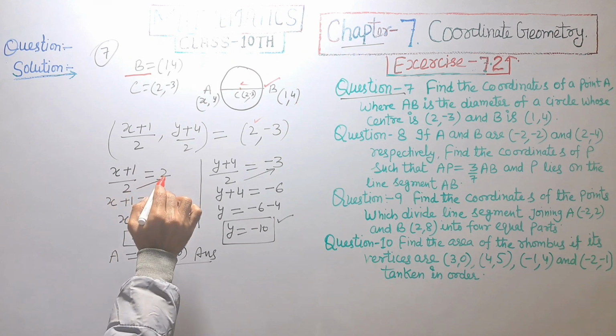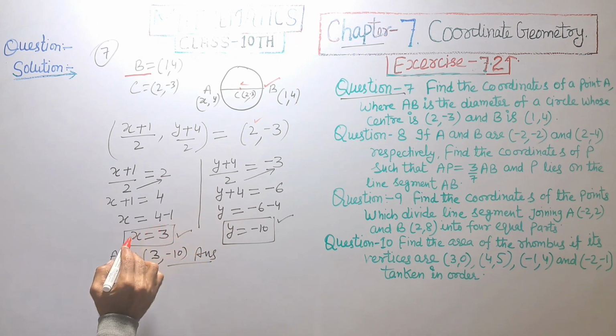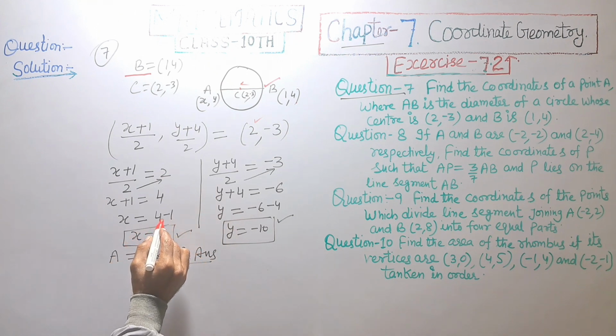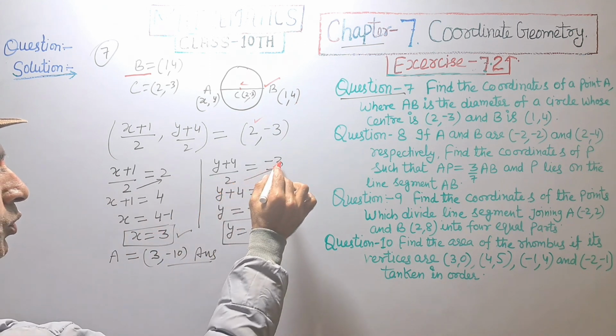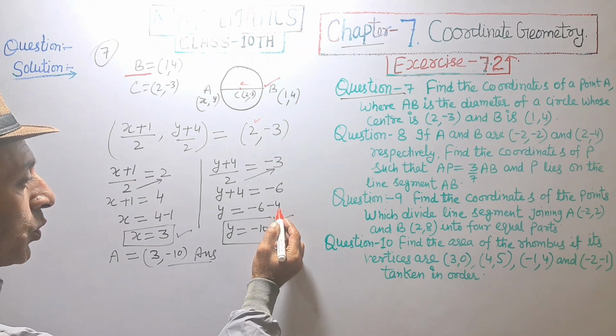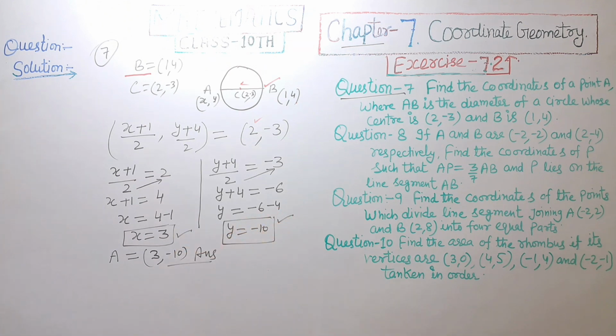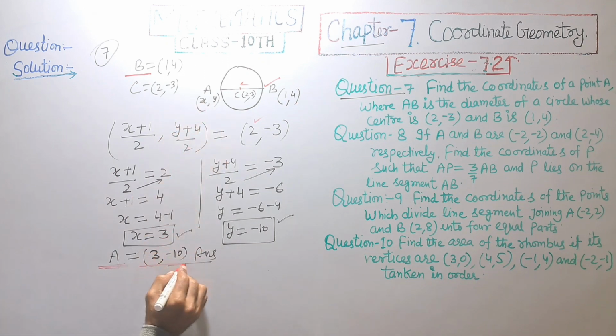Comparing, 2 multiplied by 2 is 4, shifting 1 to the right side that is -1, so x is equal to 4 minus 1 equal to 3, and y + 4 equal to 3 twos are -6 and shifting 4 to the right side that is -4. So y is equal to -10. Coordinate points of A, that is (x, y), is equal to (3, -10).